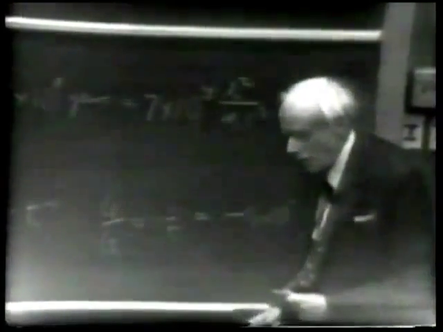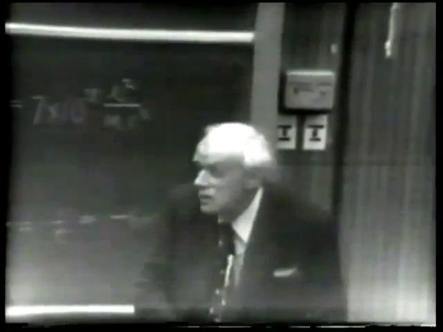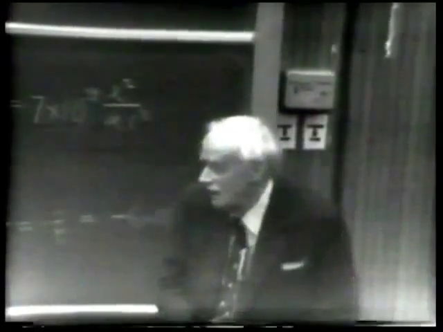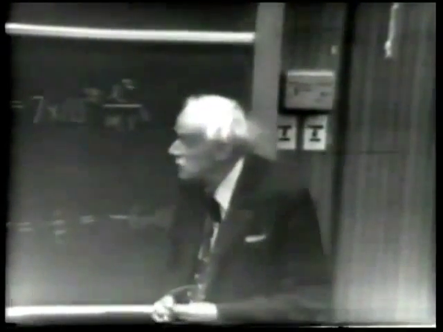But even so, it will still be of the order 10 to the minus 12. One would expect the timekeeping of the two clocks to show a discrepancy of 1 part in 10 to the 12 per year, and that is within the range of the present accuracy. I hope someone will do that experiment.